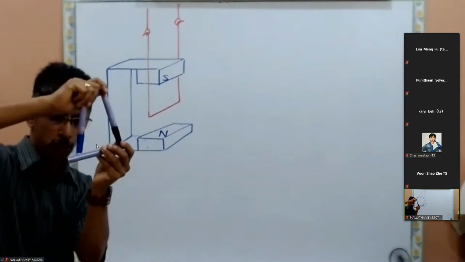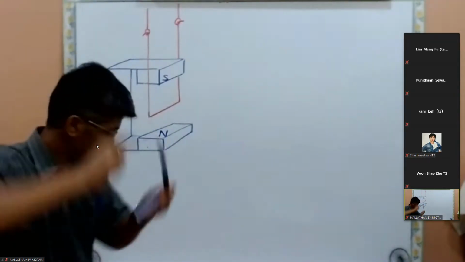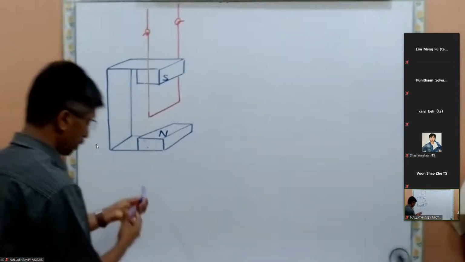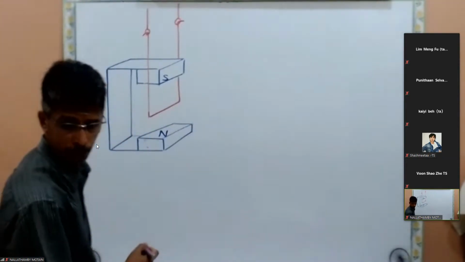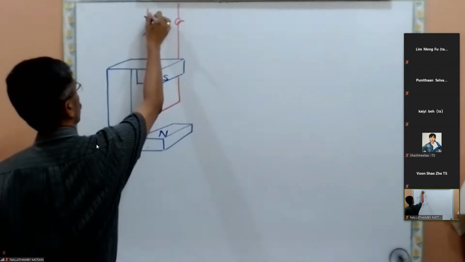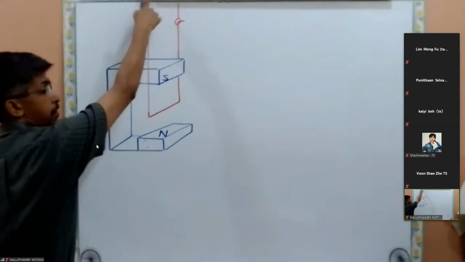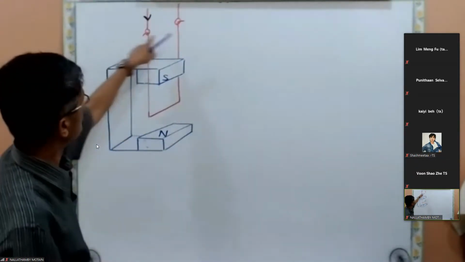What is going to happen is it is going to swing. First I give you the direction of current. Let's say current flowing from here. Over here we connect to a battery, up there's a battery, and then this conductor is hanging.